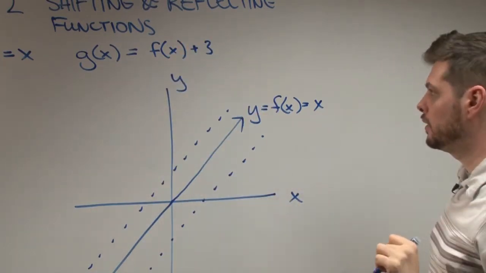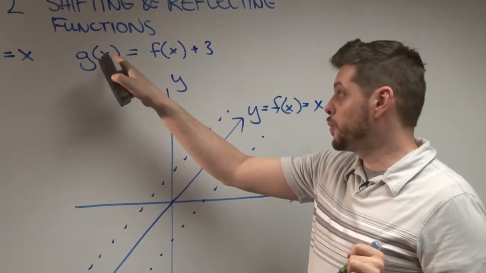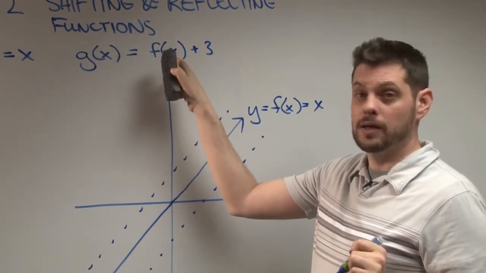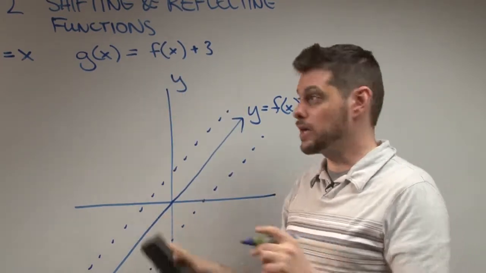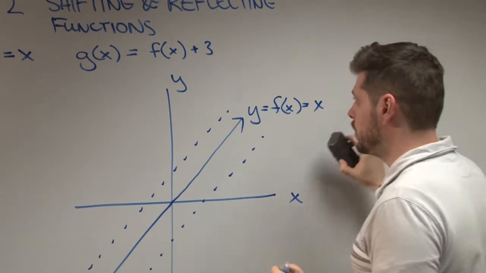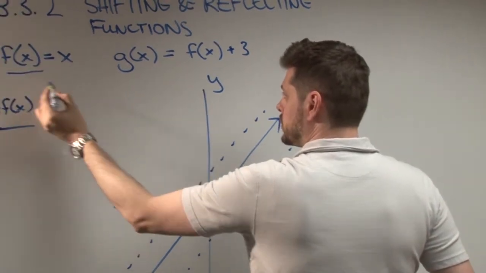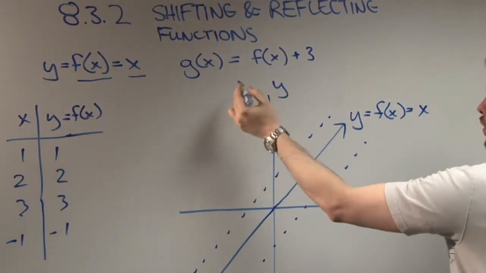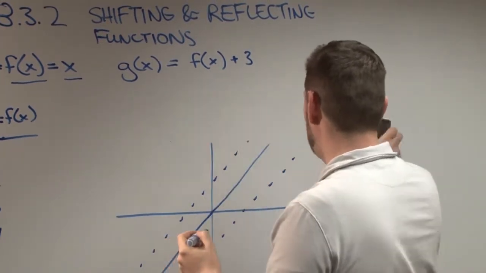All right? So what I'm saying is g of x is my new function. It also depends on x. And the way that we get there is by taking my original function for x and adding 3 to it. That's what we're saying with this symbol notation. So in this case, what I'm going to do is I'm going to take my relationship between f of x and x, and I'm going to replace this in my setup.